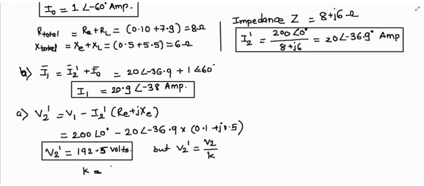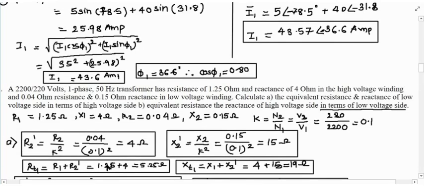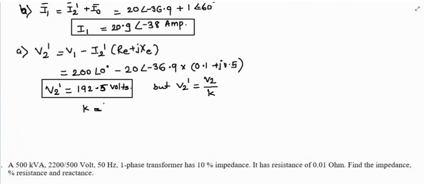Actually, the K is given as N2 upon N1, and it is given to you as 10. Please rewrite the statement of the problem. K is given to you.